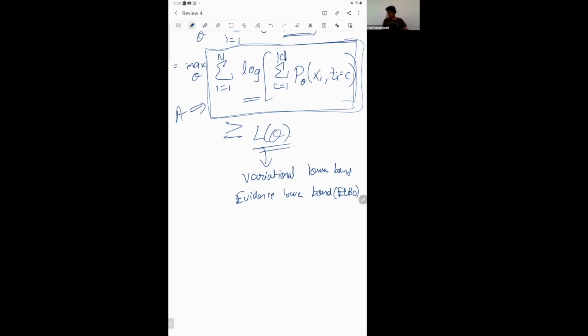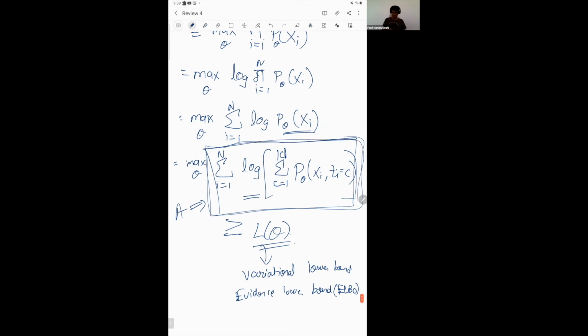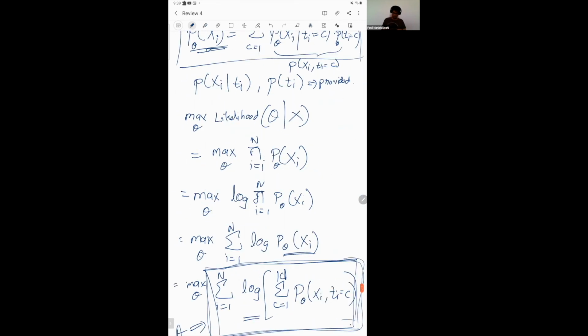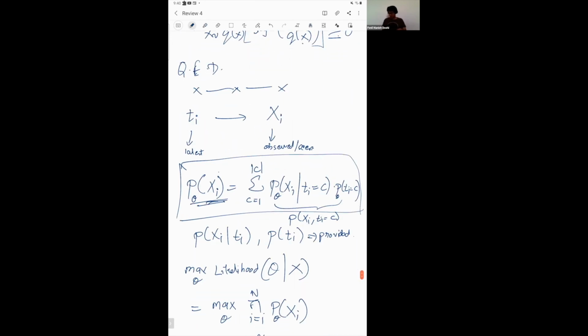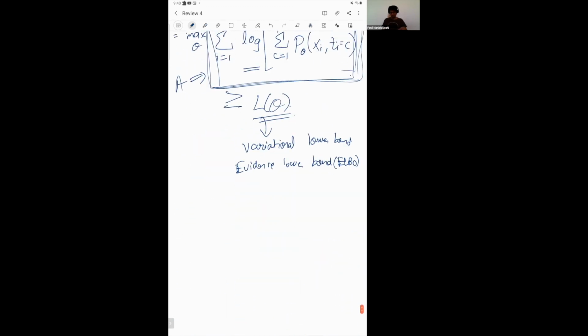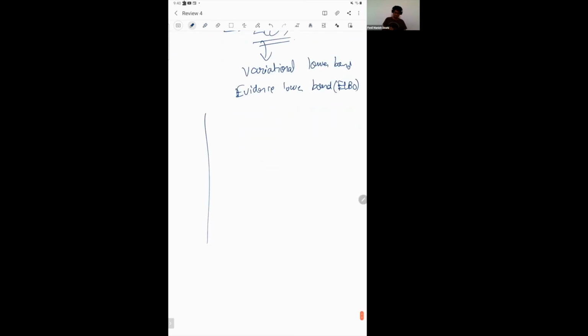But yeah, it's simply applying Jensen's inequality to this entire thing. If you are able to make the connection, okay. So first, let me introduce. Now let's say this is your theta.